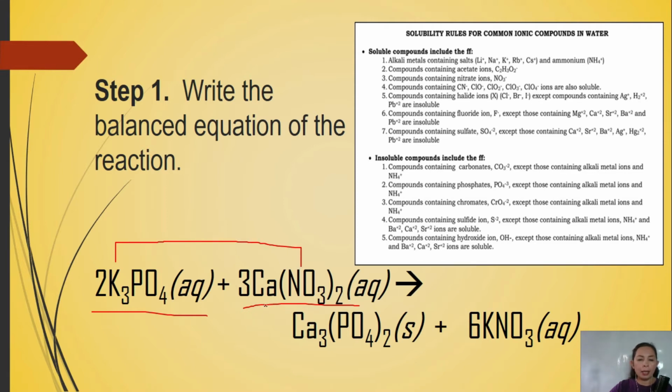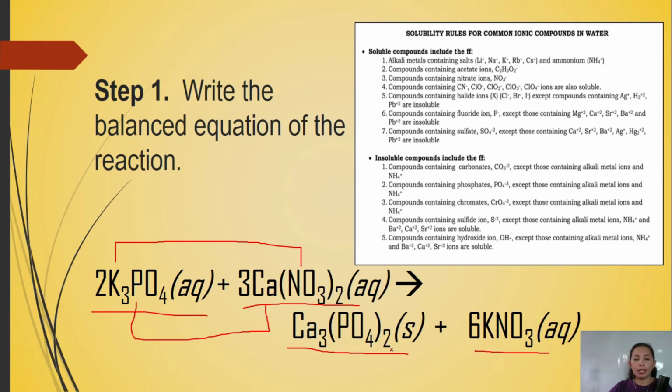And then the positive of the second compound is paired with the negative of the first compound. So combining potassium and nitrate, we produce potassium nitrate. Combining calcium and phosphate, we produce calcium phosphate.